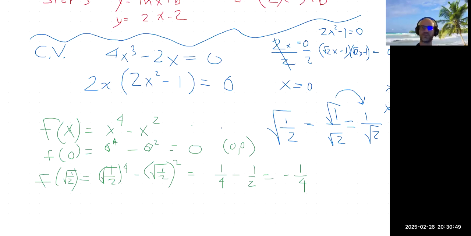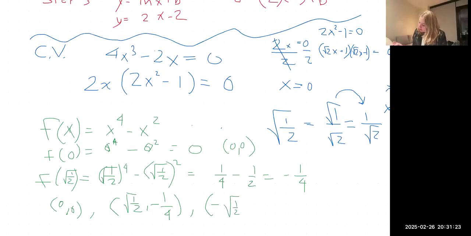So there's actually 3 points there, but he's listing it with only 2 parentheses because he's using a plus or minus. Okay. So another way to write that would be 0, 0, and then square root of 1 over 2, comma, -1/4, comma, and then a negative square root of 1 over 2, comma, -1/4.